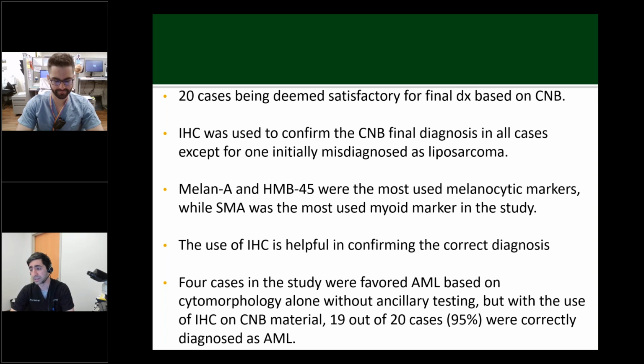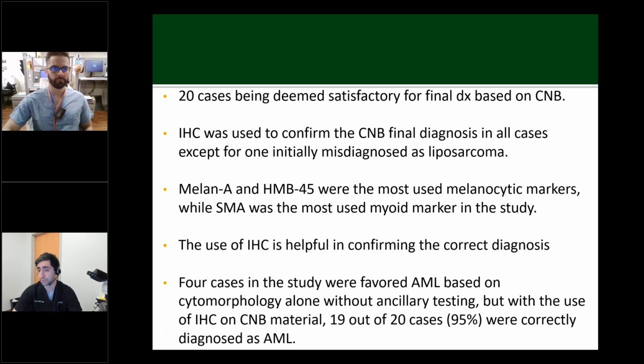All 20 cases were ultimately deemed satisfactory for the final diagnosis based on core needle biopsy. This is compared to the study done by Dr. Zhu, which reported up to 6% of angiomyolipoma FNA final diagnoses as non-diagnostic.